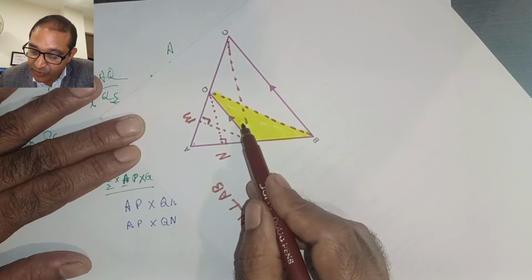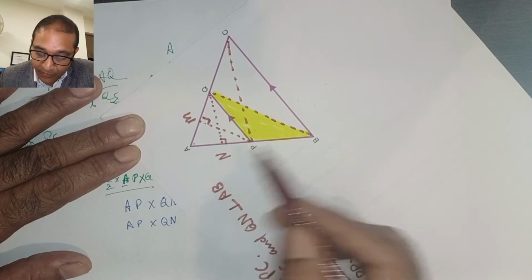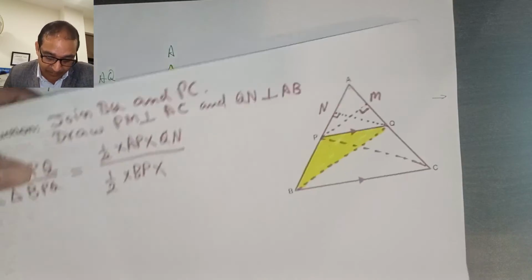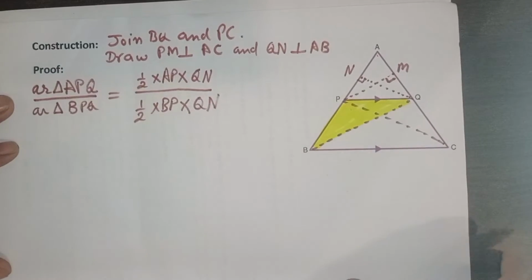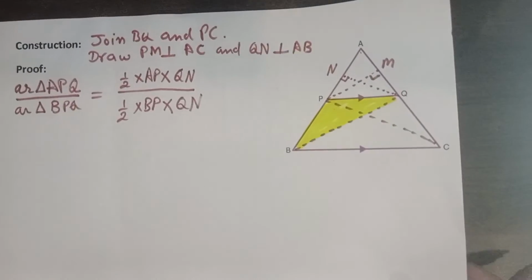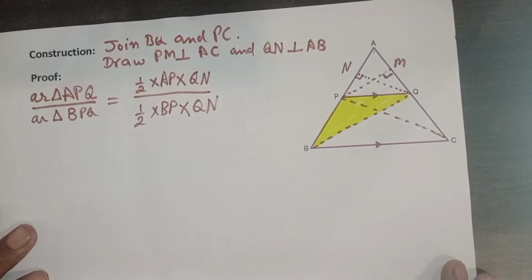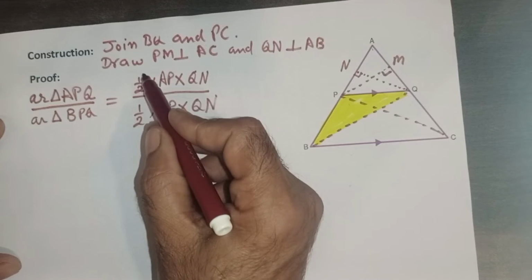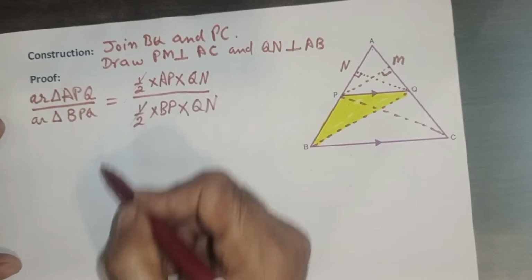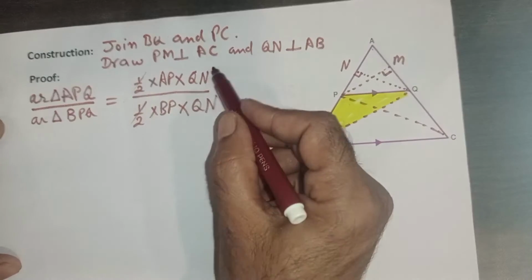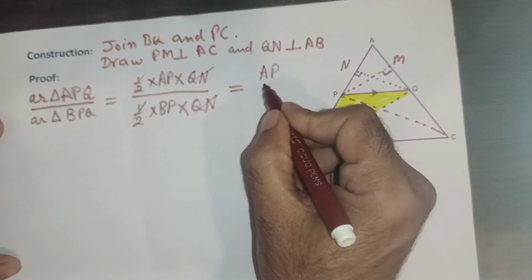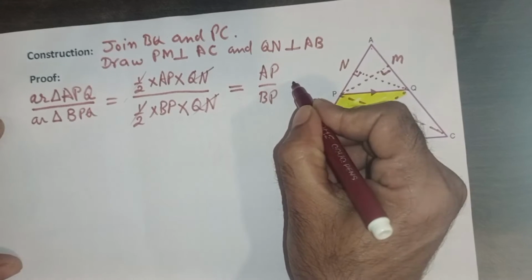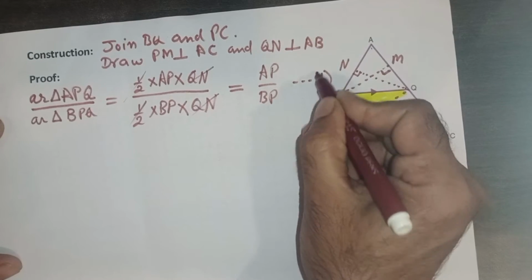So the altitude for this triangle will be QN. Now you see, half is gone by half, QN is gone by QN, and we are left with AP over BP. Let us name this equation number 1.